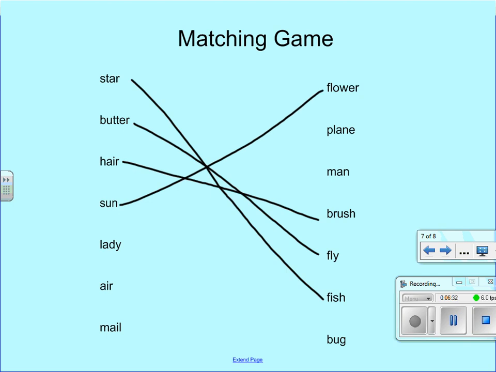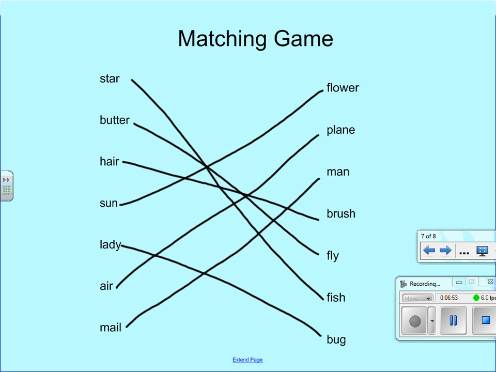Okay, Starla, what does lady belong to? Ladybug. You guys are getting compound words. Okay, Jamal, where does air go to? Airplane. Wonderful. And our last one, Sarah. Mailman. Wonderful. You guys are getting it.